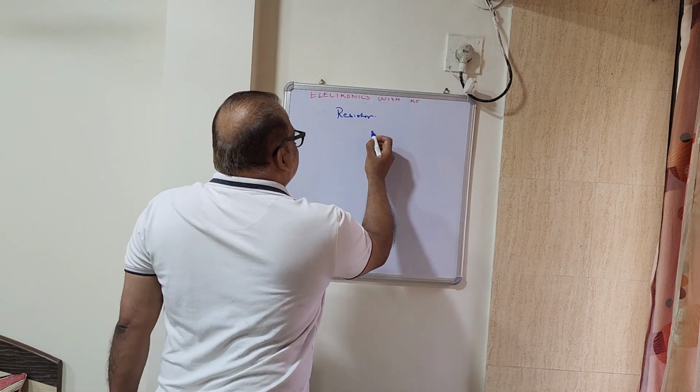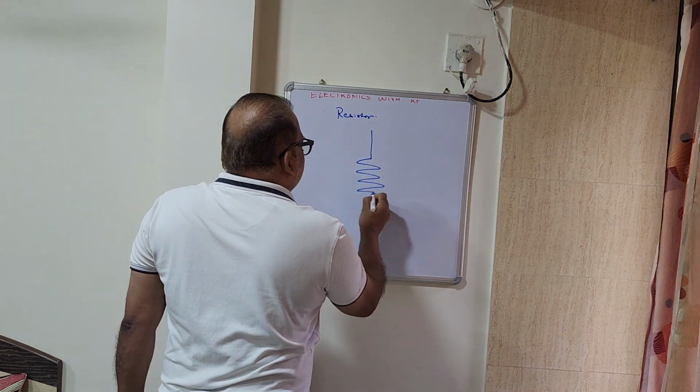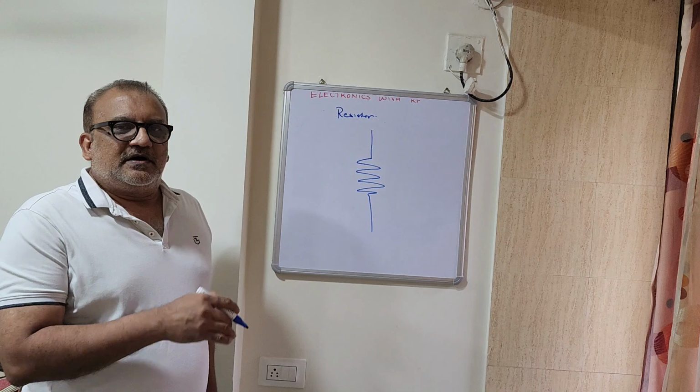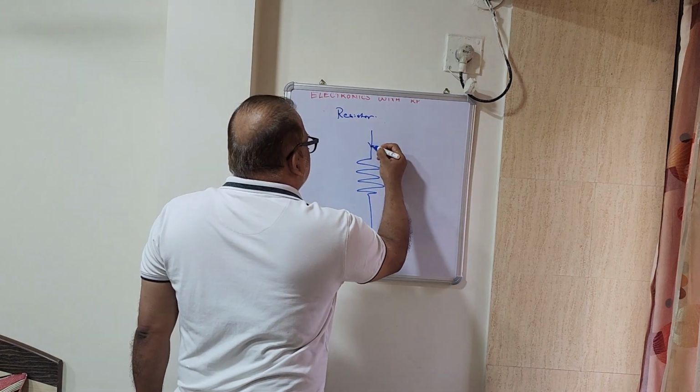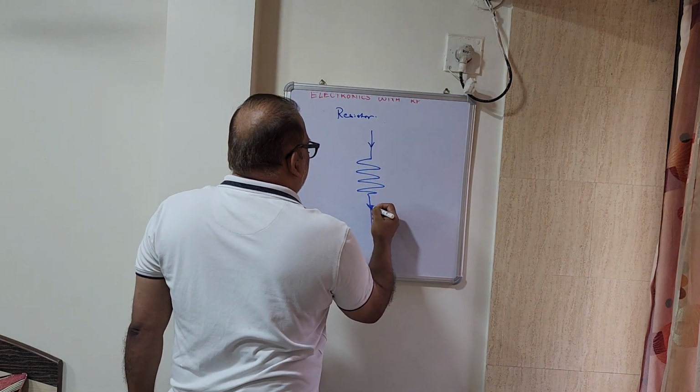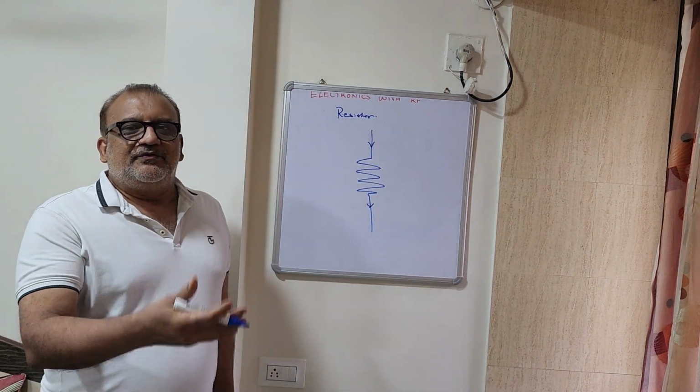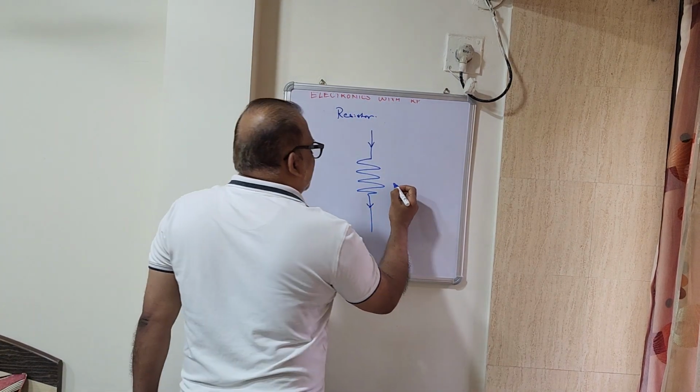The resistor symbol is this. It offers resistance to the flow of current. So when current is flowing, the current will be dropped. It will give a resistance. This resistance is measured in ohms.